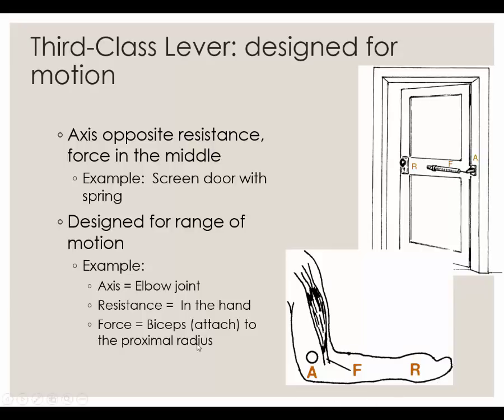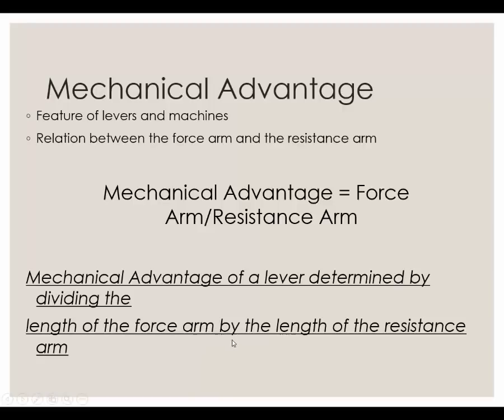Mechanical advantage. If you can keep this in mind, it will help. It's when the force arm is greater than the resistance arm, okay? It's the relationship between the two. Mechanical advantage of a lever is determined by dividing the length of the force arm by the length of the resistance arm. So as long as you come out with a number greater than 1, you have a mechanical advantage.